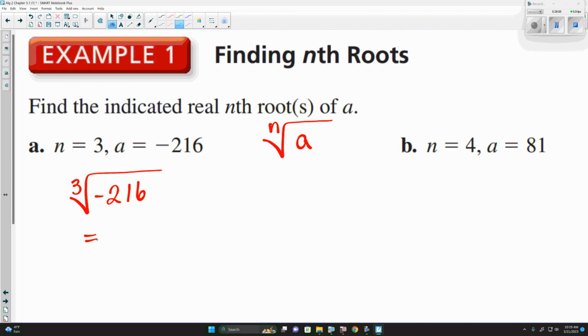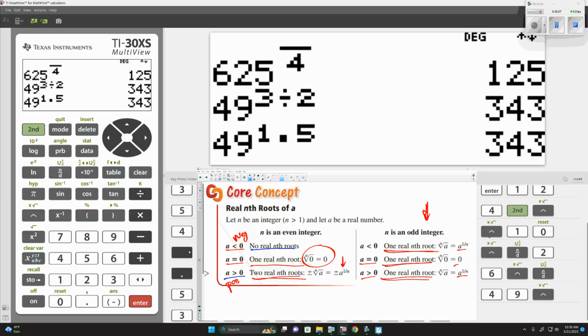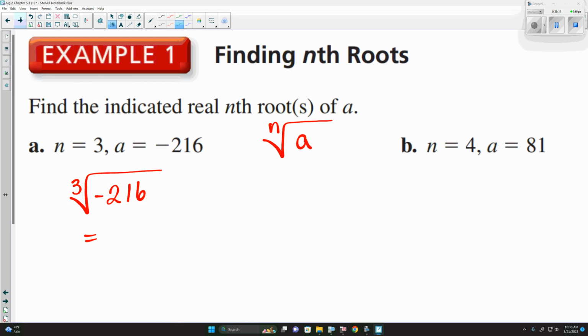Now since we have an odd root, how many solutions should we have? One. Because looking at the previous one, if it's an odd root, we have one real root. And it's going to be? One real root. No, what is the actual answer?